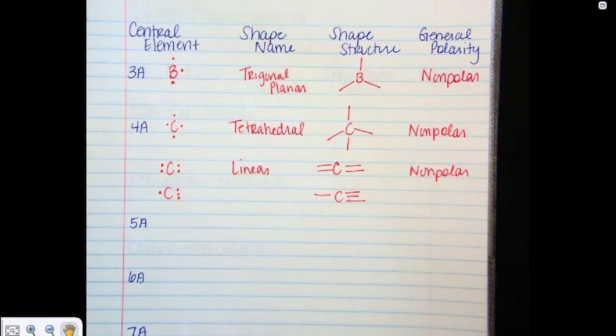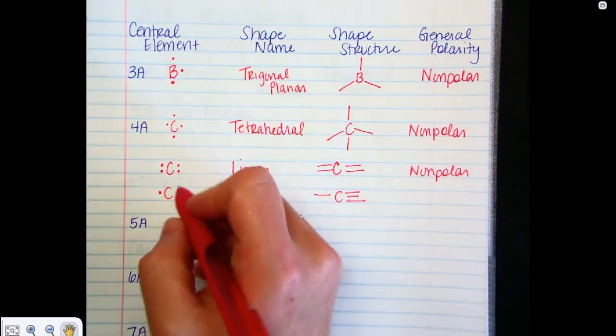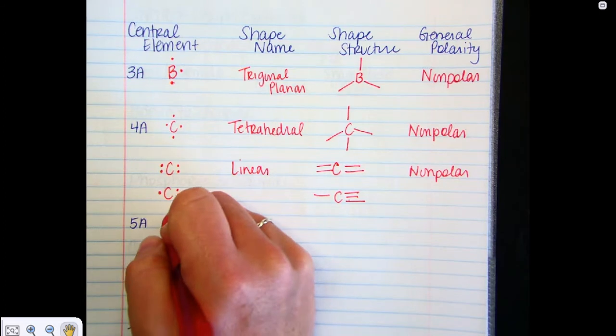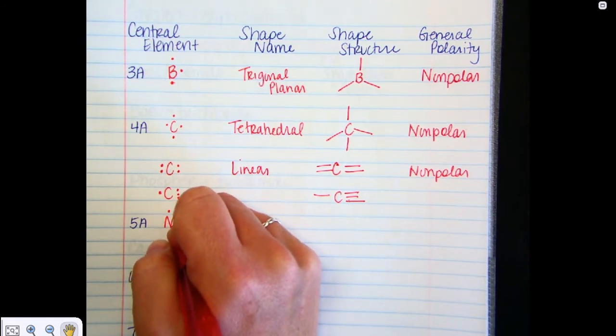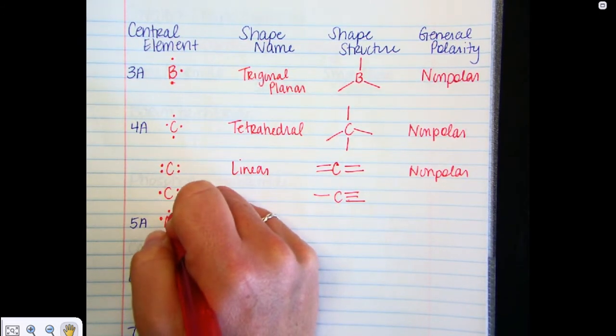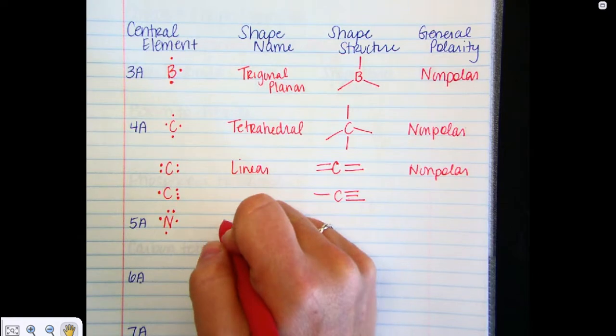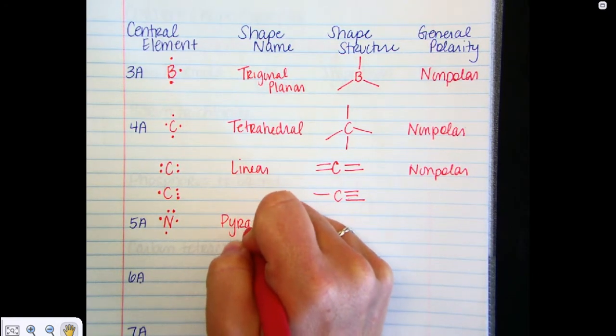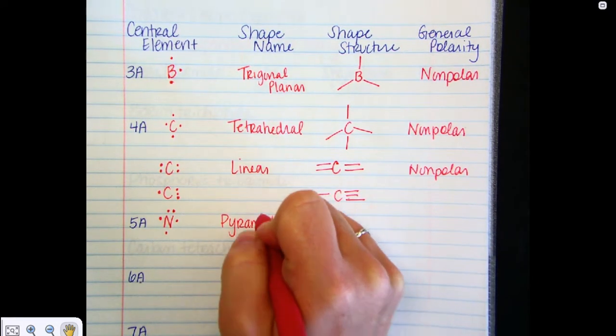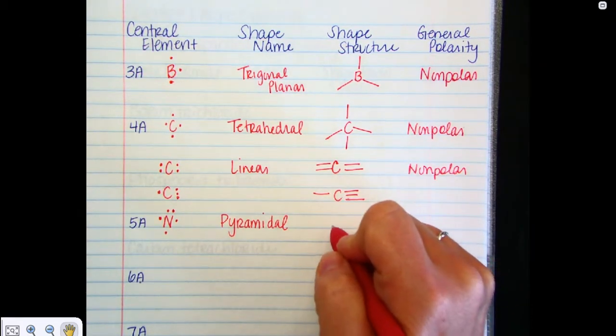All right, the 5A column, the nitrogen, phosphorus, arsenic column. Remember when we were doing those electron diagrams on the last page, I made a particular point to say that the unshared pair in nitrogen has to be on the top. I said that because it influences the shape. The shape it makes is called pyramidal, because, quite obviously, it looks like a pyramid.